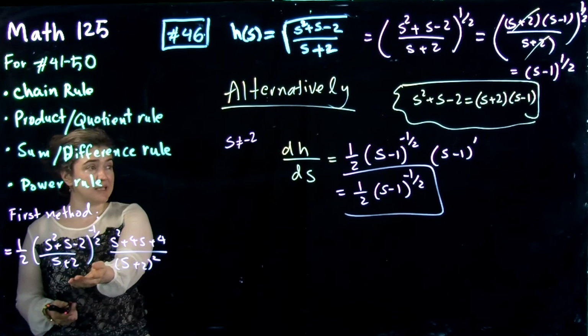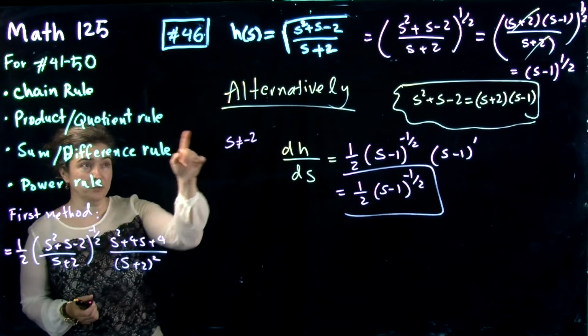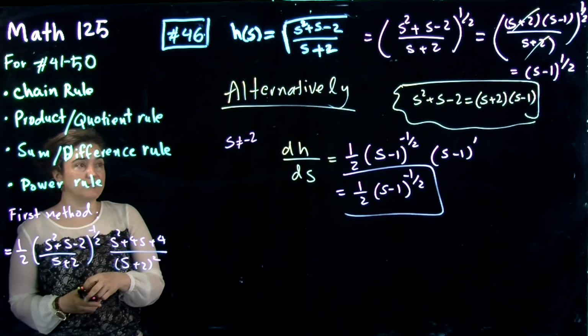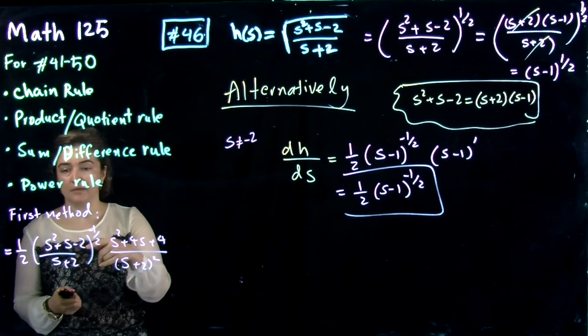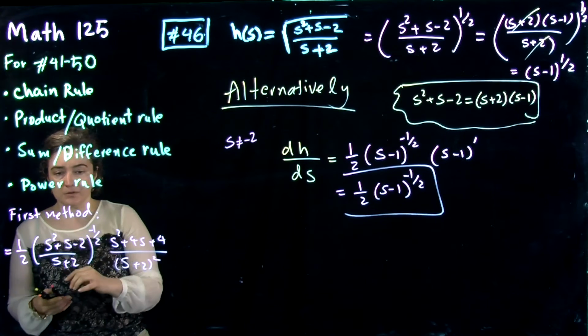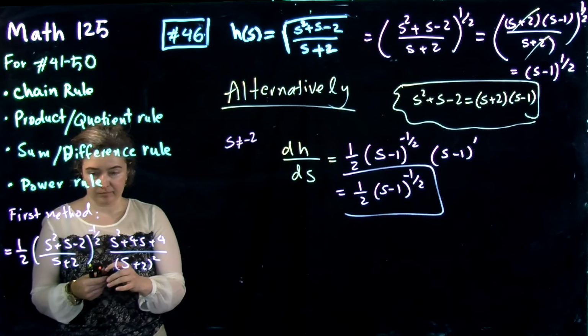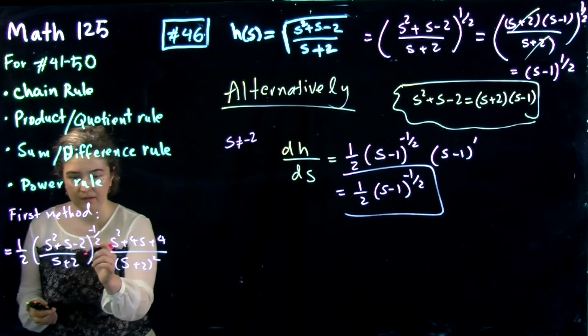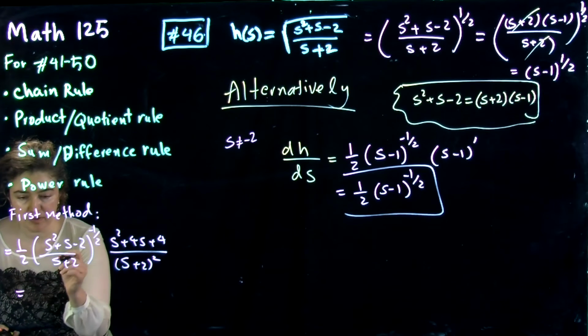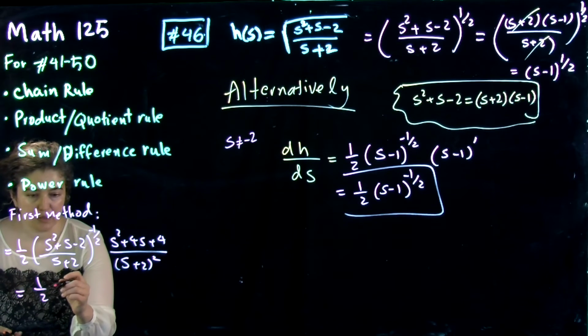Was that the same thing as this with the domain restriction that we give? Let's try. So I am simplifying this to 1/2.